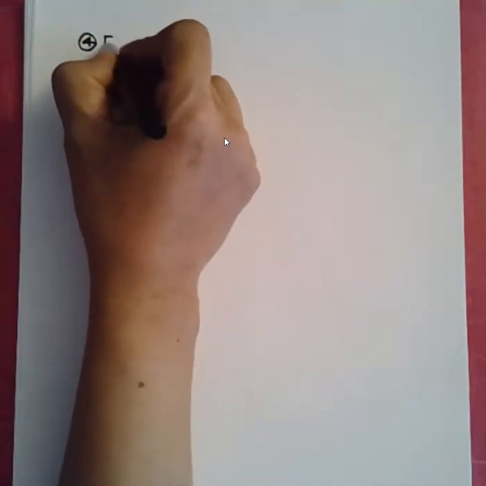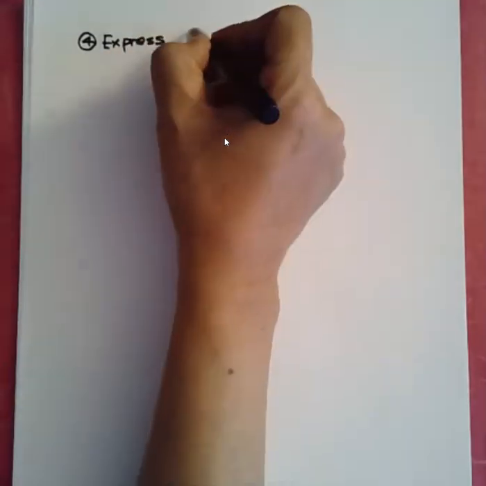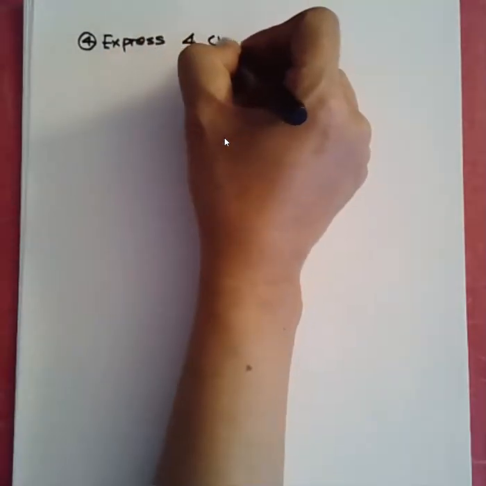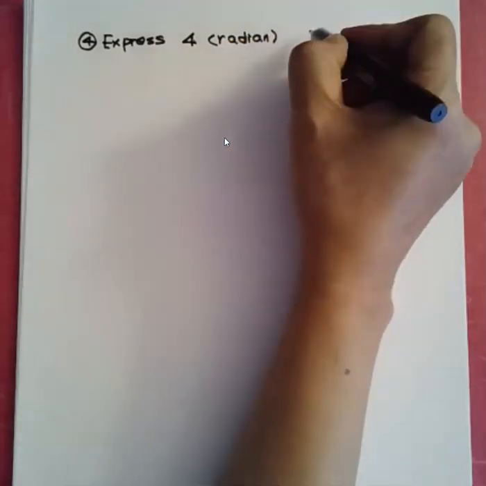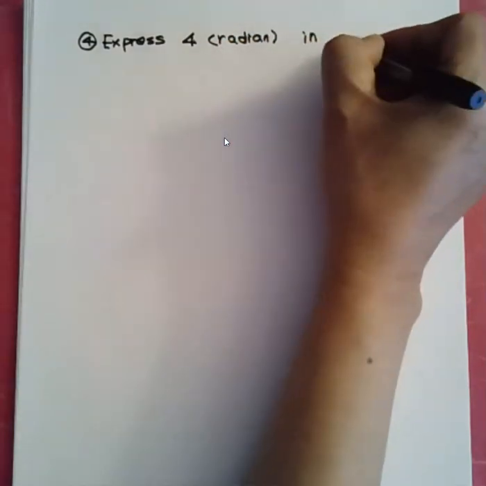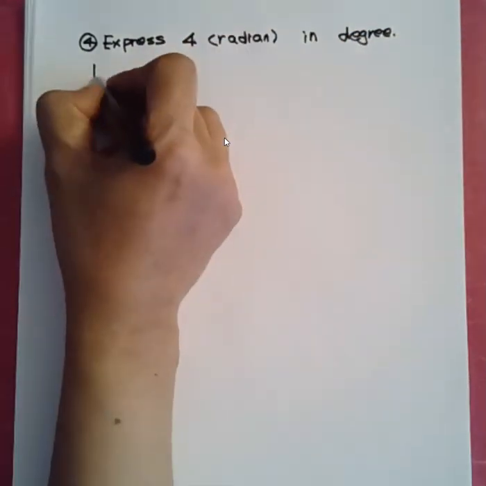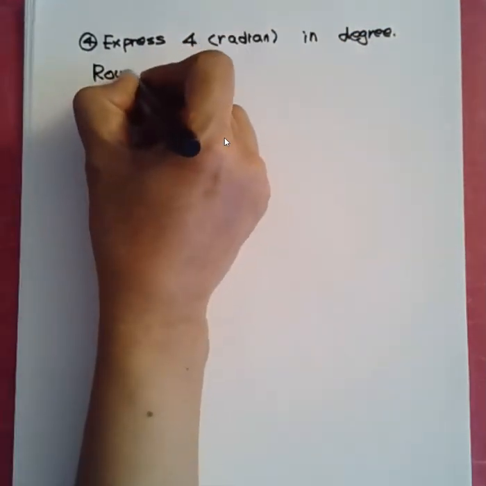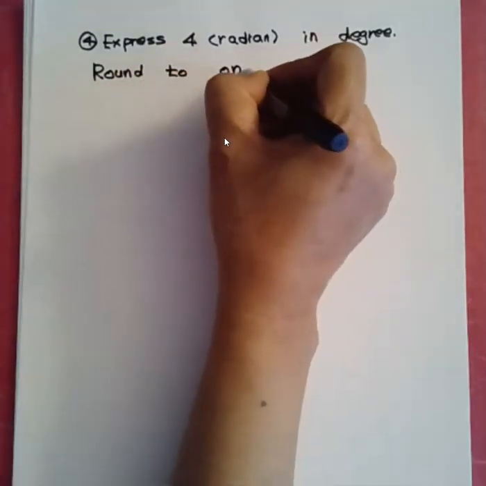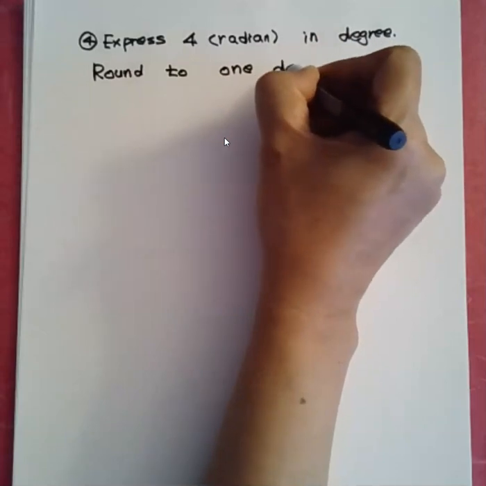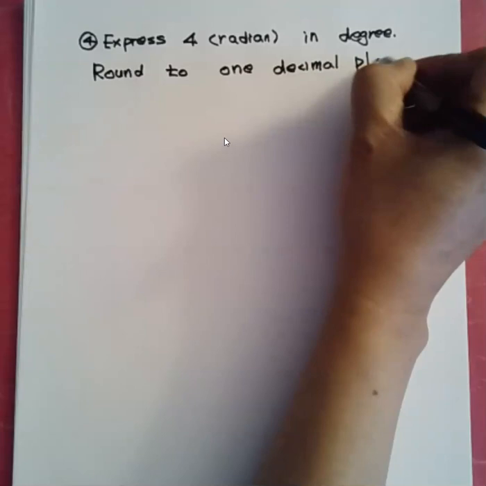The next example is about expressing 4 radian in degree. We want to round to 1 decimal place.